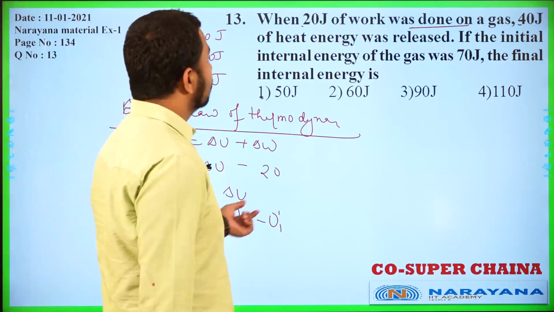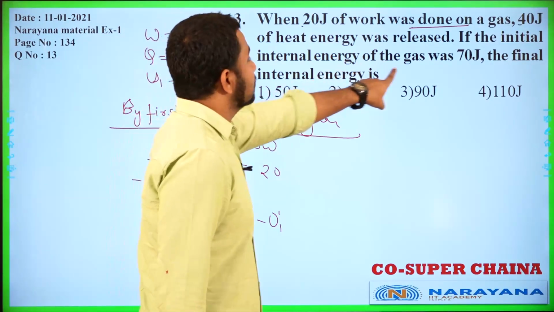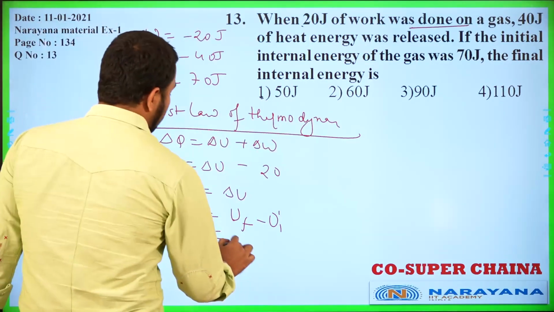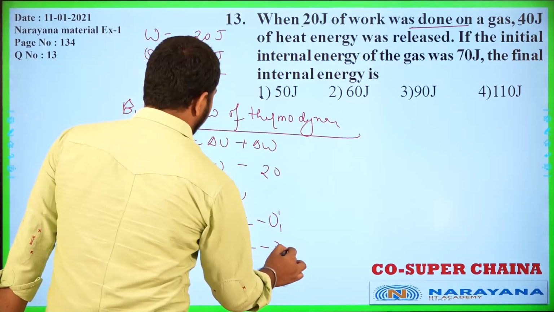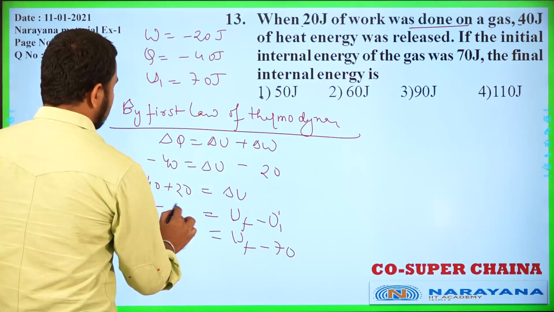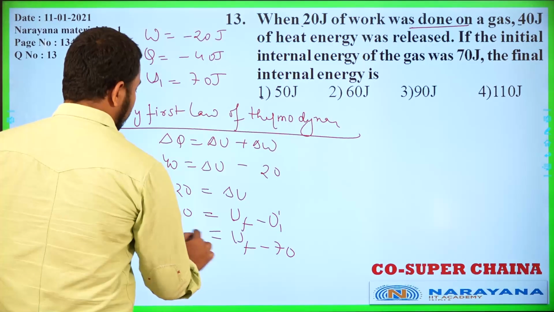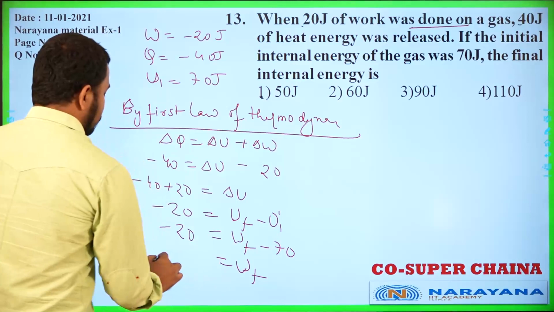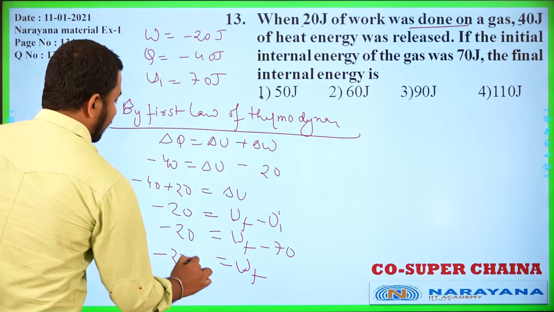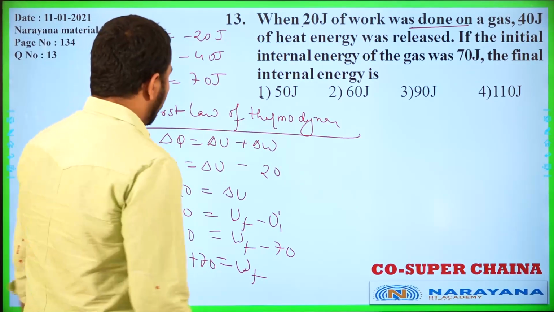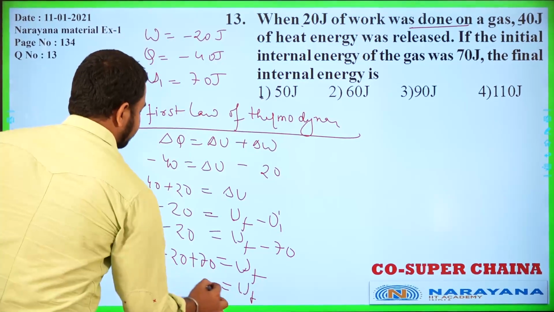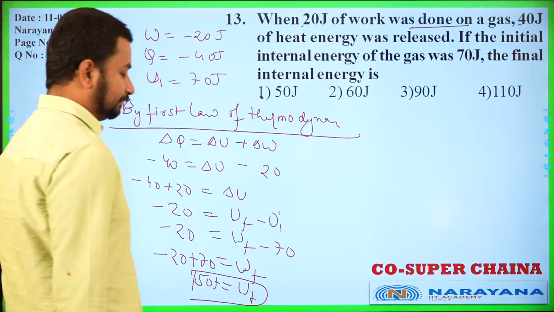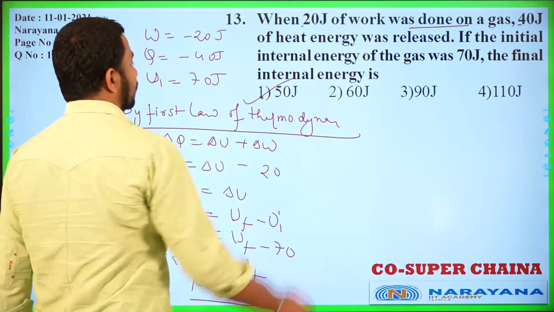The initial internal energy is given, so substituting, it will be U final minus 70, and here we are getting minus 20. So U final is minus 20 plus 70, right? U final comes to 50 joule, and that will be the answer of this question, right?